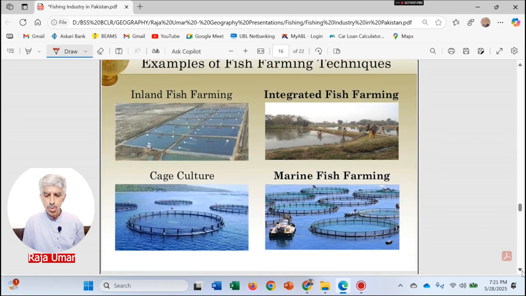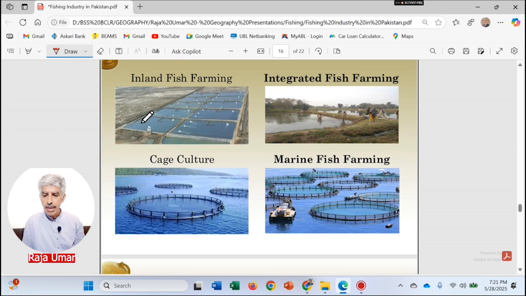Here you can see through these pictures that inland fish farming, as I already explained, is where the fish farmers make rectangular ponds on their lands alongside the agricultural fields. If they are making it, it means that integrated farming is being done. Just like over here, in the surrounding fields the crops are grown, and here they have made the fish ponds to grow fish.